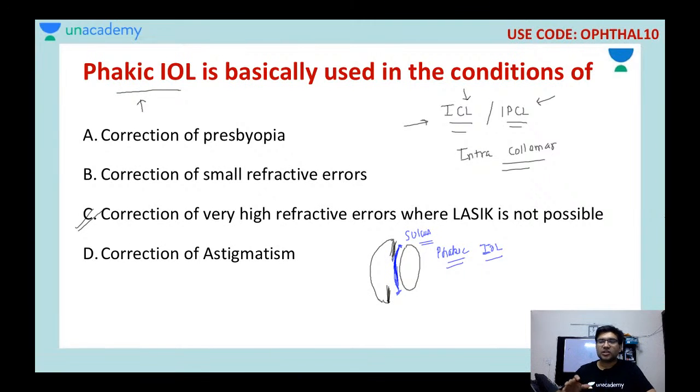It is not just minus 15. We have done phakic IOLs even in cases of minus 28 or plus 20. So any refractive error can be corrected if the company can make an ICL, then we can put this ICL in any patient. Dr. Kamal Kapoor, the director of the Sharpside Group of Eye Hospital, has the world record of putting it in minus 25 and plus 20 diopter patients.